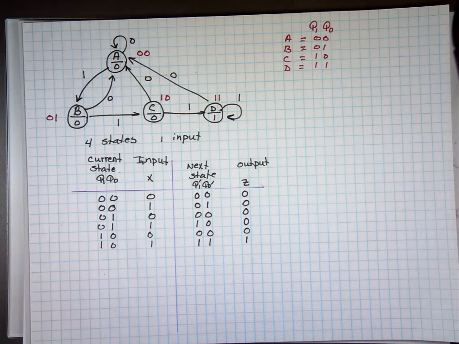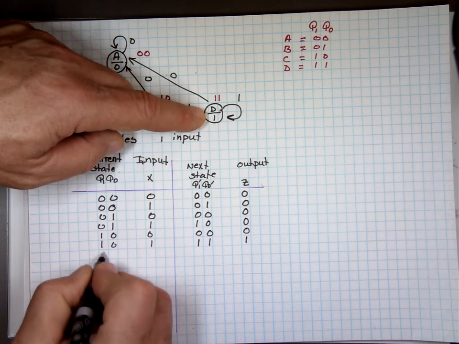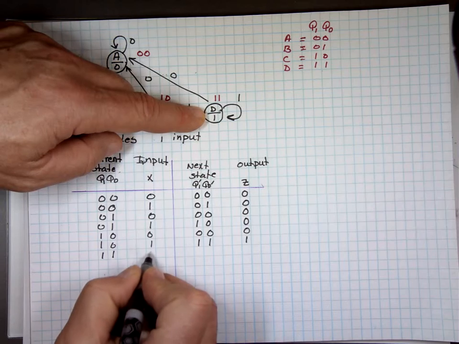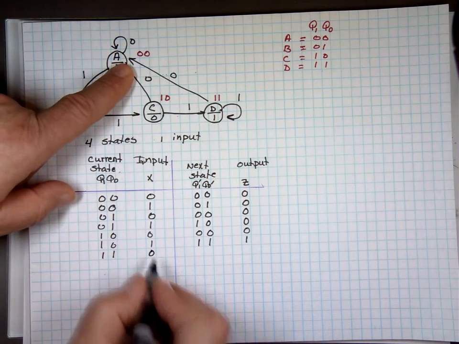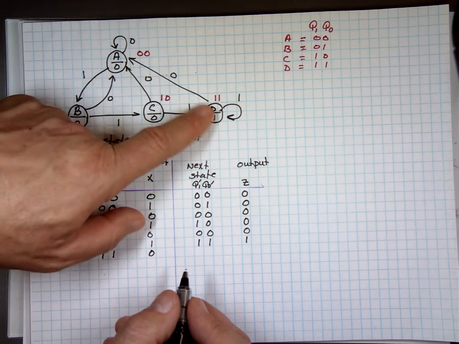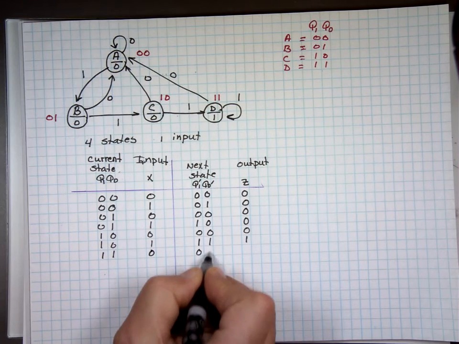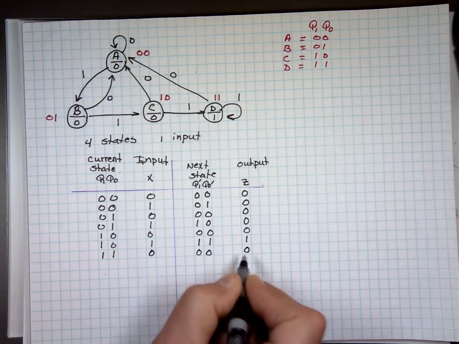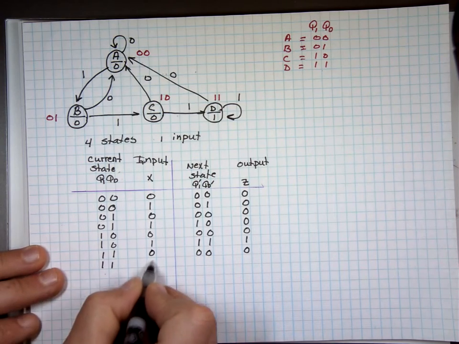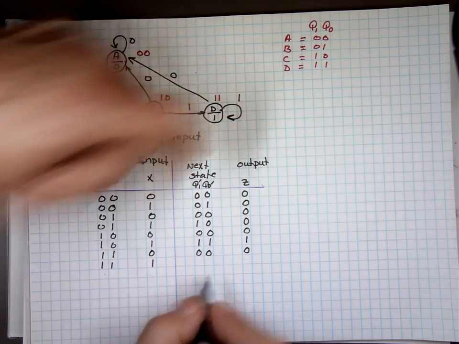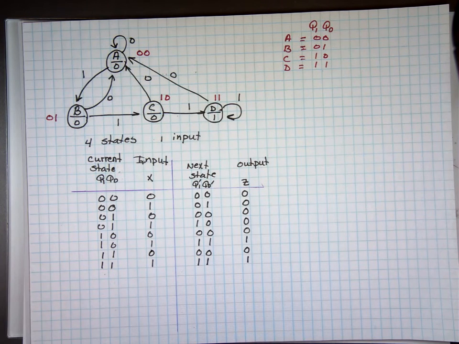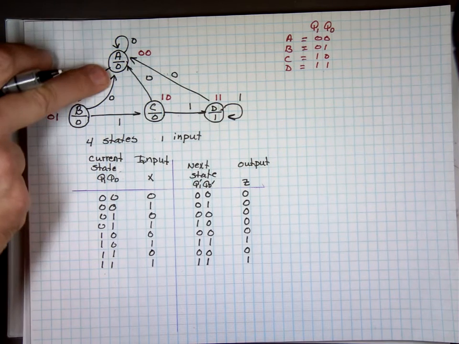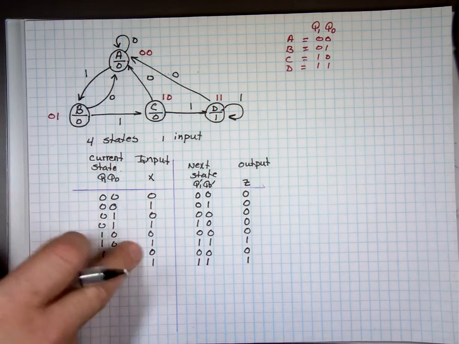Now if I'm at state 1, 1, and I put 0, what happens at 0? Where do you go? To A, which is 0, 0. Your output is 0. But if you put a 1, you stay there at that state, and you also get an output of 1. So we just went from the state diagram to the state table.